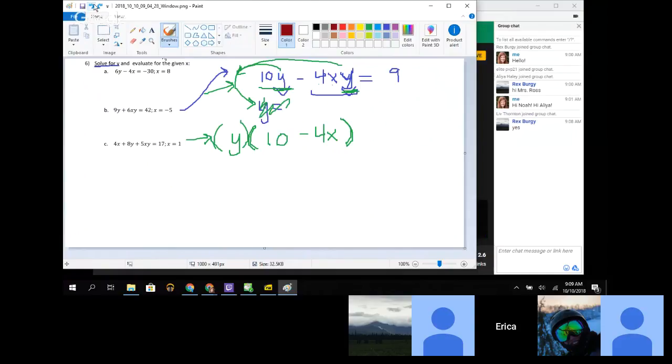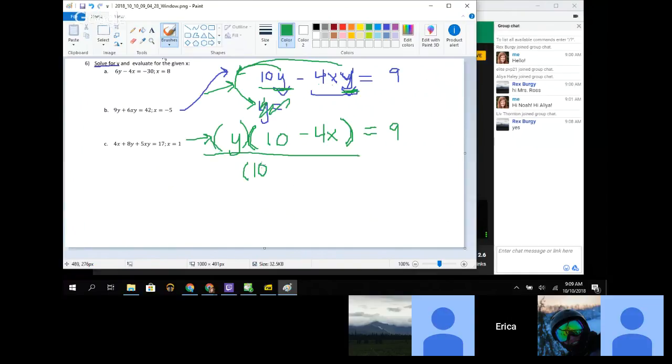Okay, so now that I have this format, what I have is y times the stuff in the parentheses. If this stuff in the parentheses was just a number like 3, like if this was 3y equals 9, you would say, easy peasy, I divide both sides by 3 and I'm done, right? But I have a little bit more than that being multiplied by y, but since the whole thing is getting multiplied, I can divide by what's in the parentheses.